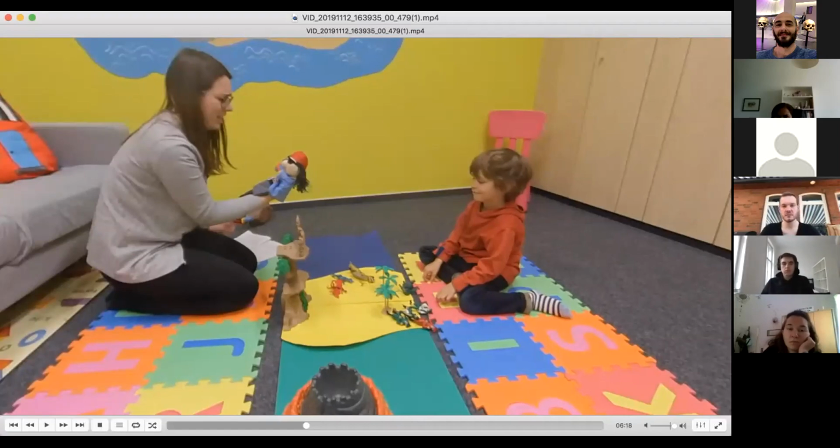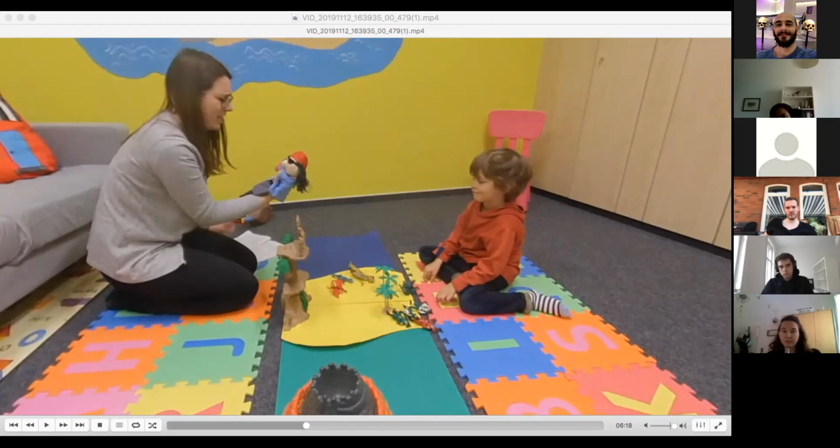What the experimenter is going to ask the child is basically in the PDF that I sent you. So the first thing that the experimenter is going to tell the child is that these pirates are going to have some adventures on this island where they wrecked their ship.